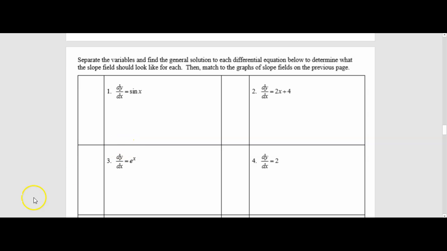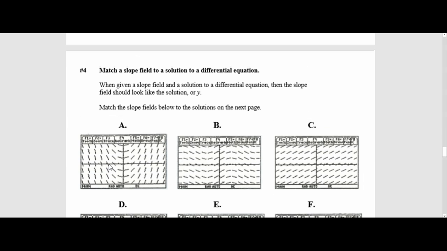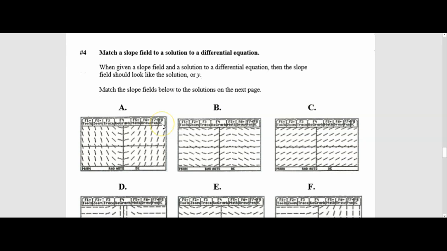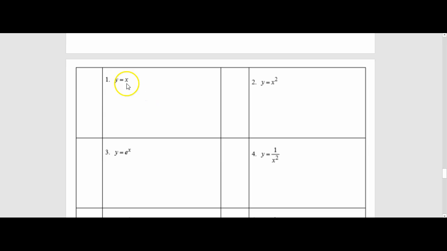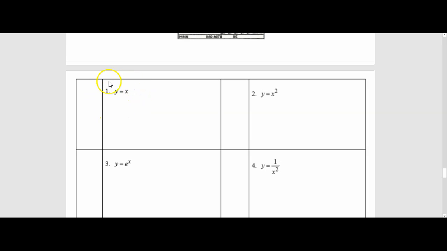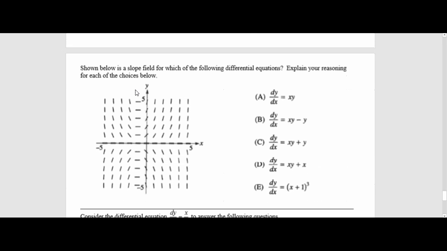Down here you have a bunch of differential equations, and you're going to be matching the slope fields to these differential equations. Then we have another activity where we again have a bunch of different slope fields, and we have solutions to differential equations. So you'll be trying to figure out, if this is my solution to a differential equation, which slope field does it match with? So we'll do those in class.